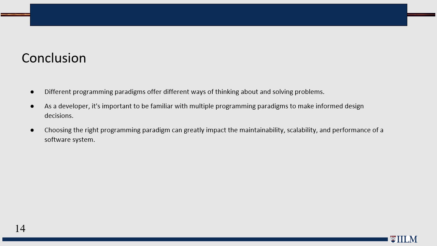Now what is the benefit of using the OOPS paradigm? The first one is modularity. Modularity means it breaks down a complex program into smaller, reusable objects, making code easier to understand. We can reuse the object several times. Then we can maintain it and modify it as per the requirement.